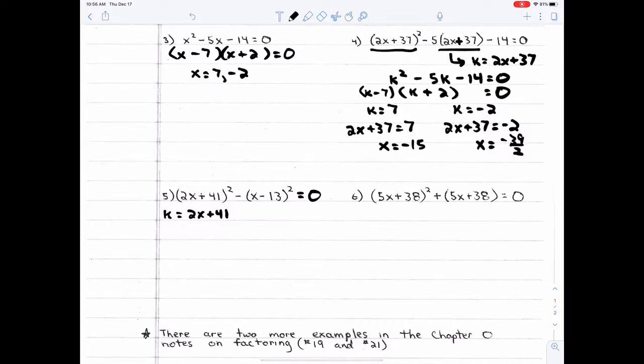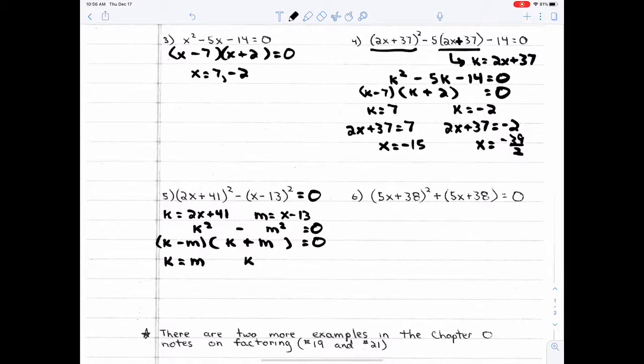And I'm going to let m be x minus 13. Okay, so that gives us k squared minus m squared equals 0. So we have k minus m times k plus m equals 0.